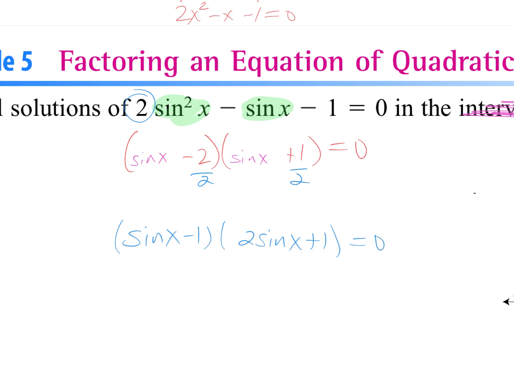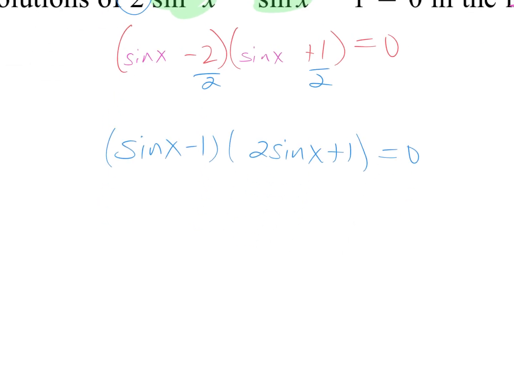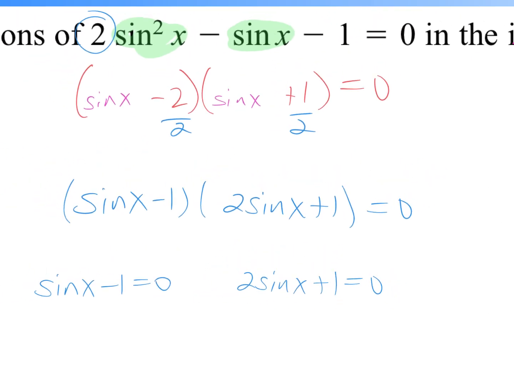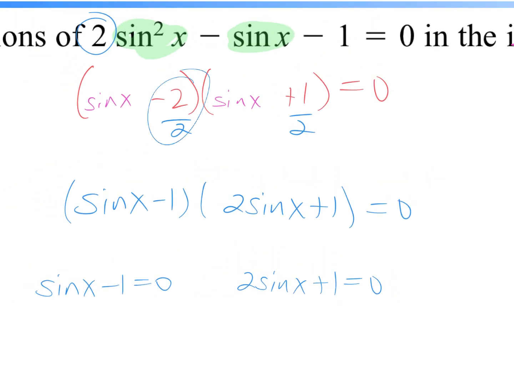Now that I have fully factored, what do I do with each parenthesis? Set it equal to 0. So sine x minus 1 equals 0. 2 sine x plus 1 equals 0. How did you get from the plus 1 over 2 to get down to just a plus 1? 2 divided by 2, 1.